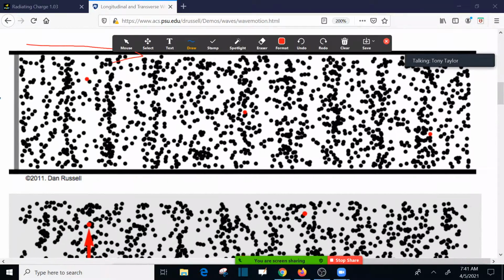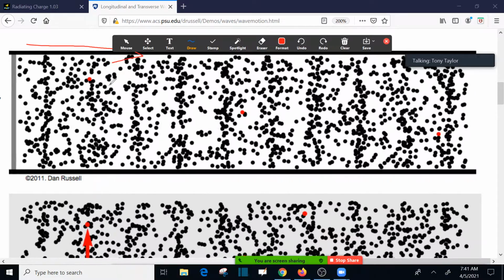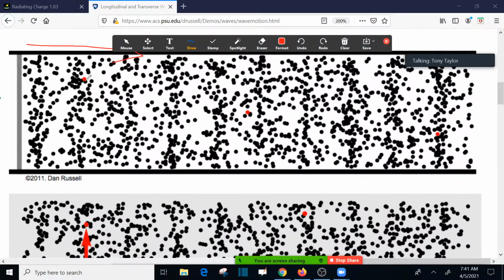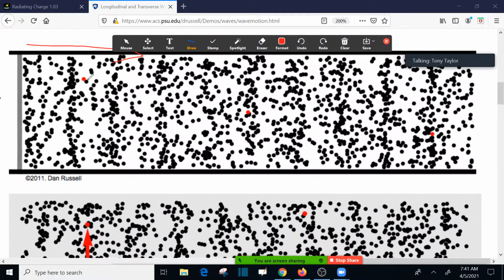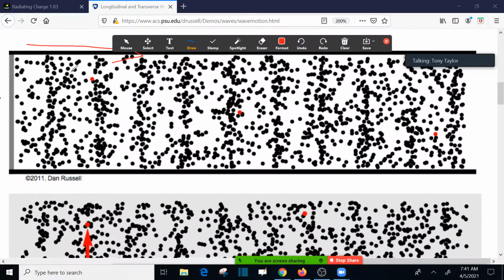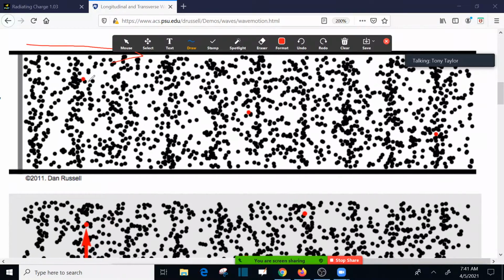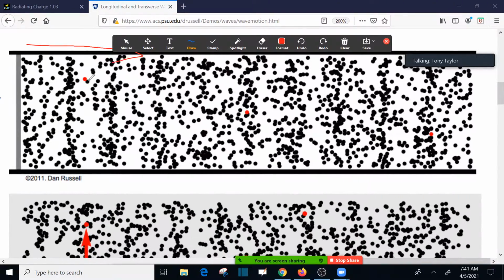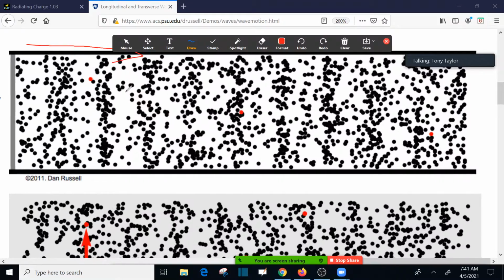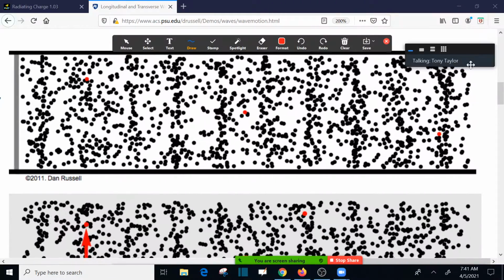But look at the individual particles, guys. For example, look at this particle in red. Notice how this particle is also bouncing back and forward in the x direction. So it moves left, then it moves right, then it moves left, and it moves right. So in this case, the oscillation is parallel to the direction of wave propagation.